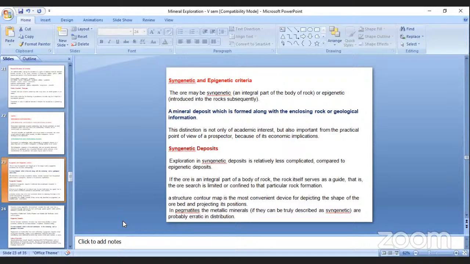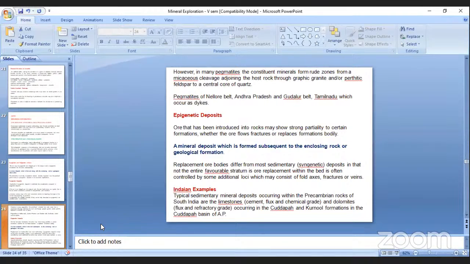Particularly in pegmatites, the metallic minerals have an erratic distribution. Many pegmatites consist of micaceous formations adjoining the host rock through graphic granite and pegmatitic feldspars. It is related to the central core or core zone of quartz material.